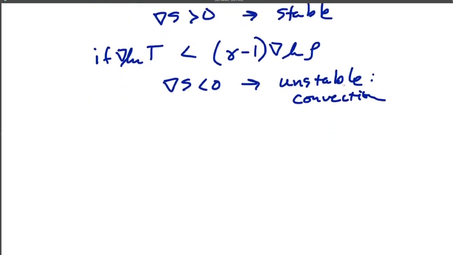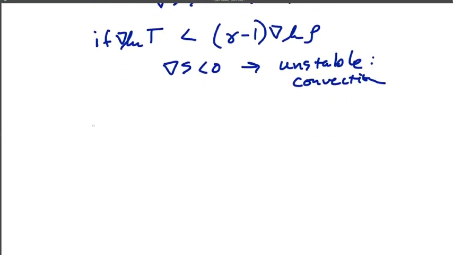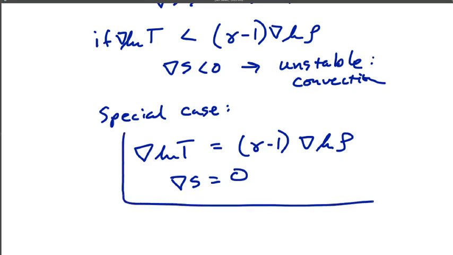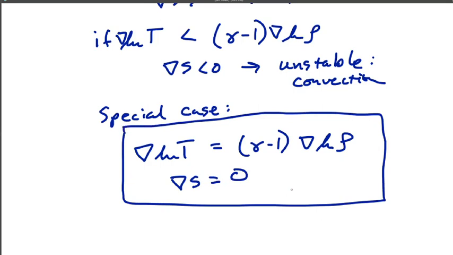And then lastly, there's the special case where the logarithmic temperature gradient is equal to gamma minus 1 times grad log rho, and in this special case, grad S is equal to 0, and we have an adiabatic gradient. So this is the characteristic gradient of places where convection has acted to smooth out a large-scale gradient of entropy.